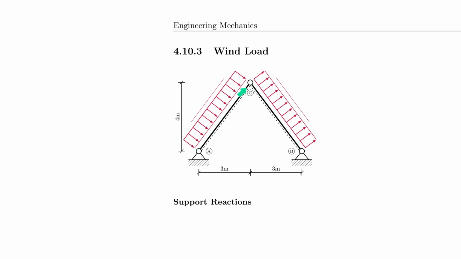So this here would be the windward side, and this would be the lee side, or the side that is under wind suction, if you will. You have wind perfectly perpendicular to the axis of the beam on both sides, but one is pushing on the roof, the other one is pulling on the roof. This is very typical for wind loads. Of course, it depends highly on the pitch of the roof, but you have wind pushing in on one side and pulling on the other side.